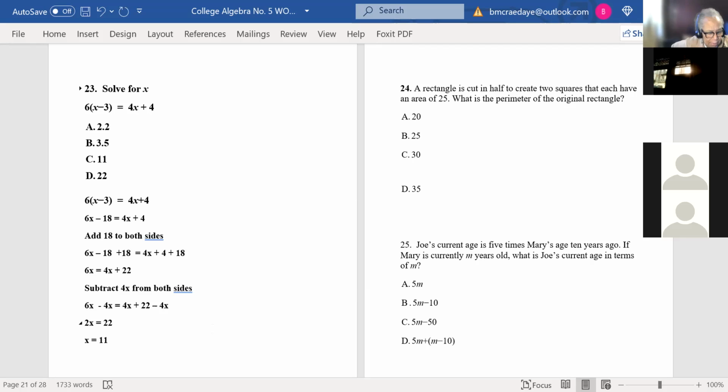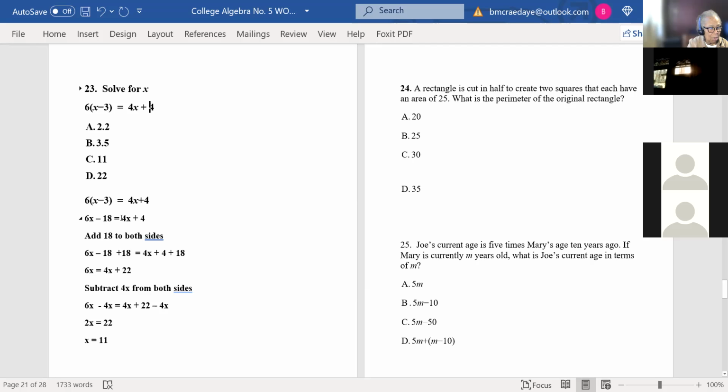Solve for X, right? 6 times X minus 3 equals 4X plus 4. Latoya said, do PEMDAS, what's in parentheses. So she took the 6 and multiplied it times the X minus 3. 6 times X is 6X, and 6 times minus 3 is minus 18.